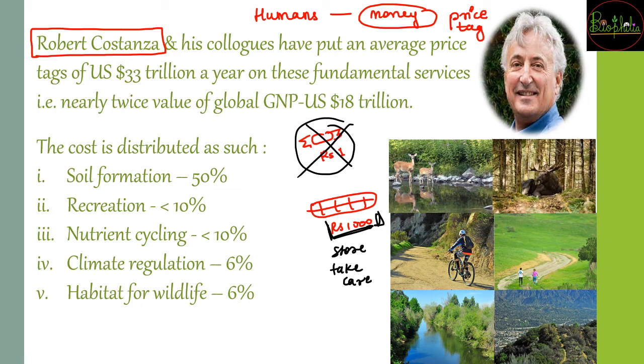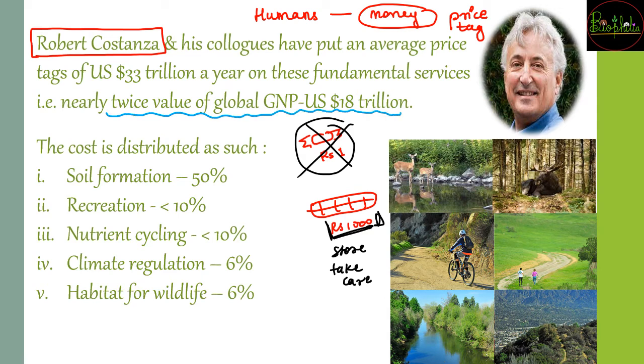So Robert Constanza had understood this, and he and his colleagues had given some average price tags to all the ecosystem services, and they had understood that these ecosystem services are provided by a price tag. अगर आपको उसकी कीमत चुकानी पड़ेगी, then that is going to be nearly twice the value of the global GNP.